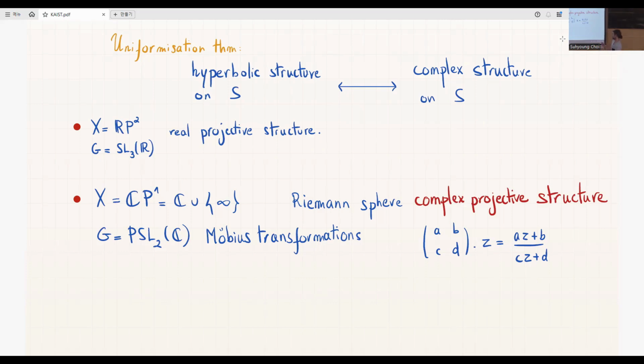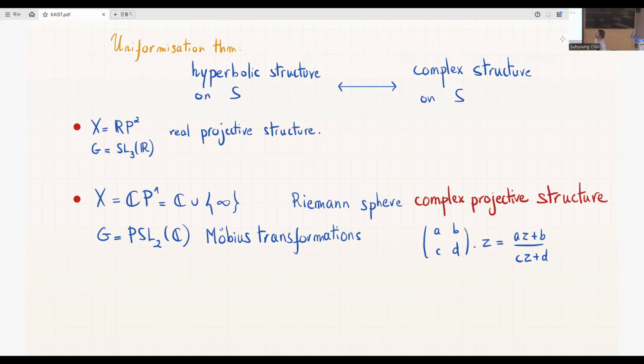Just to give you motivation, I don't doubt that this is an interesting thing to look at, but some extra motivation comes from the fact that these structures appear naturally when we consider second order linear differential equations on Riemann surfaces.